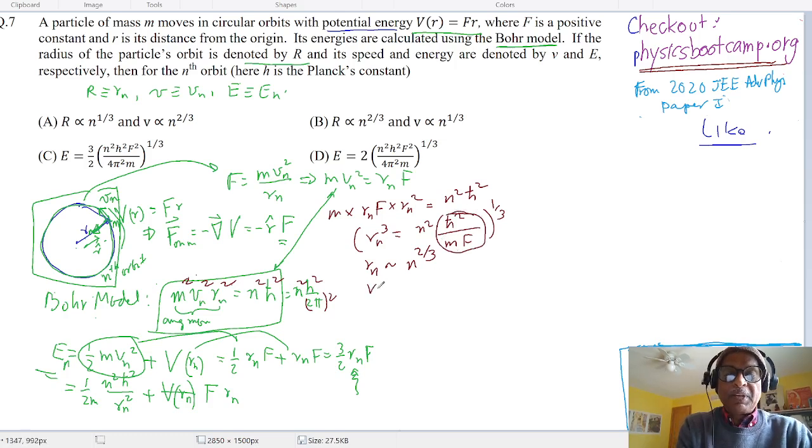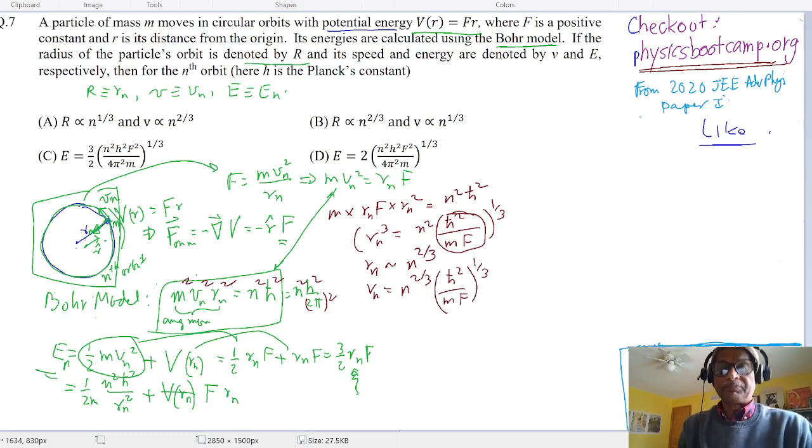So Rn is n to the power 2/3 times h bar square over mF to the 1/3. That's Rn.